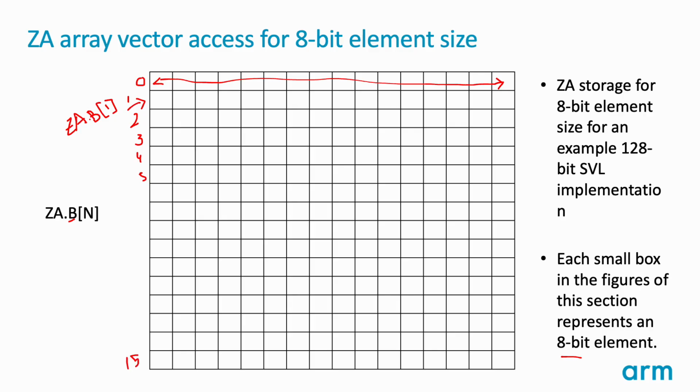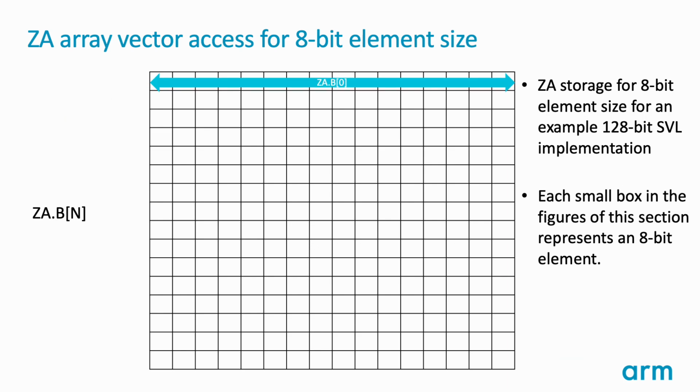So depending upon the vector that I want to access, my n will change. For ZA.B0, I will be accessing the 0th row. Similarly, for other ZA array vector access, I will be using the appropriate number, the suffix n, that will change.